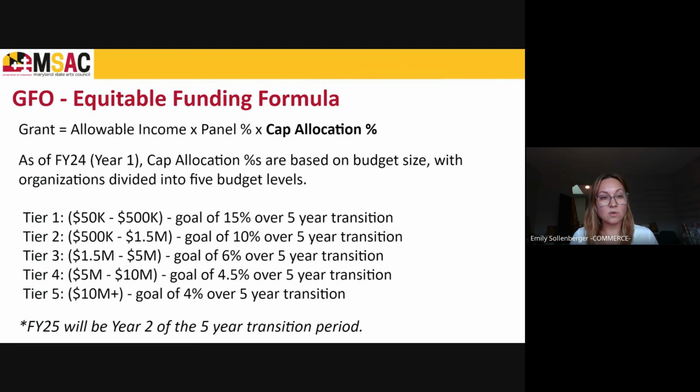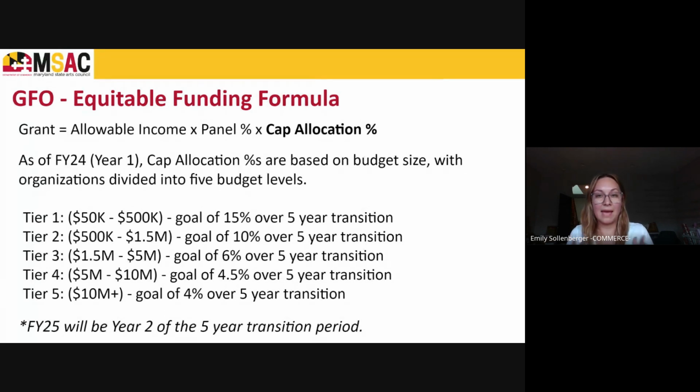And you'll see with tiers 1 and 2, the goal is to get to a higher cap allocation percentage. So for tier 1, we're looking to get towards 15%. Tier 2, 10%. Tier 3, we're looking to stay in an average amount, so a goal of 6%. And our tiers 4 and 5 are looking to transition to a smaller percentage. And these transitions are happening over a 5-year period of time.